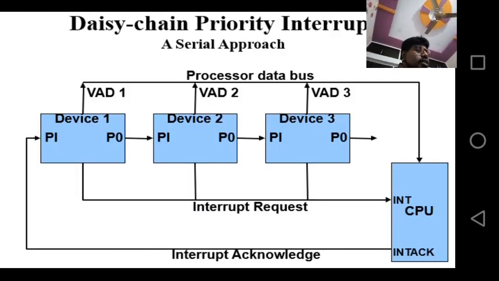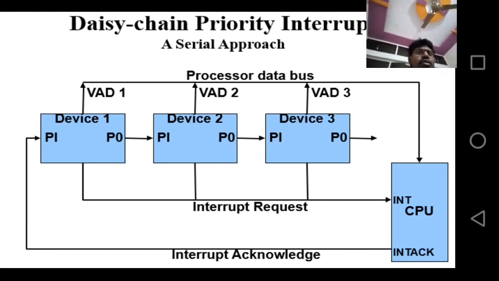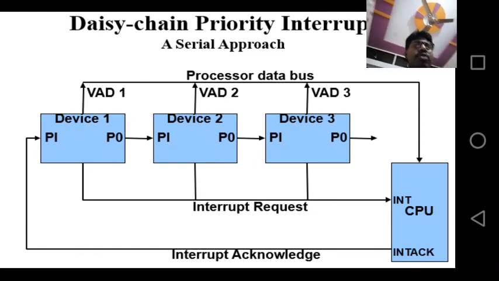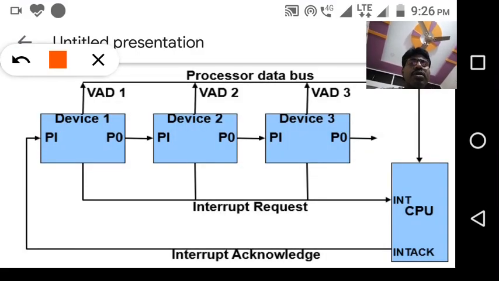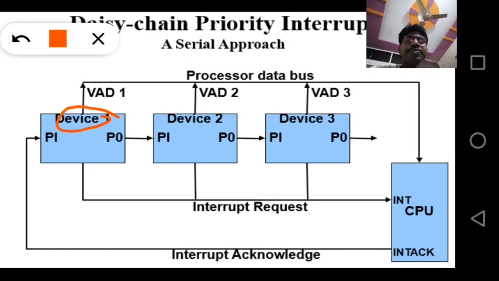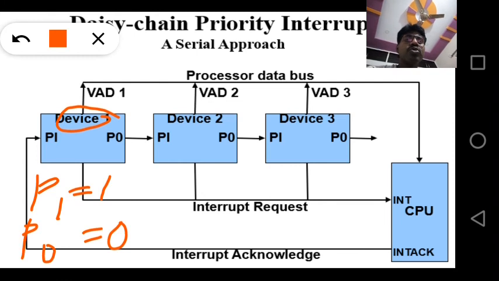So there is another picture which represents the same thing. The only thing you have to understand is that if device 1 has any interrupt, then it makes P1 equal to 1 and P0 equal to 0.